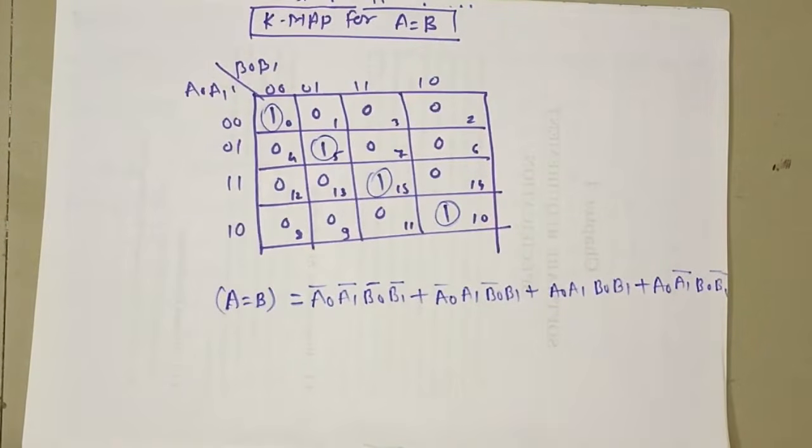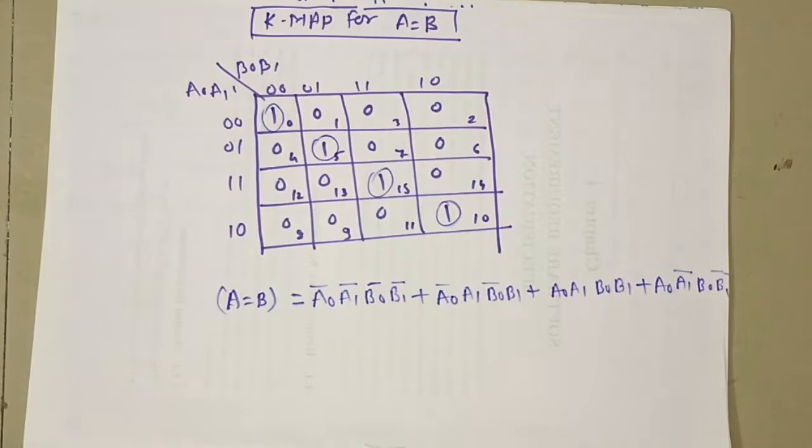Now here we are not getting any simplified equation, yes or no? Because here the grouping is not formed, so we are not getting any simplified equation. If you want to simplify the equation, you can simplify it using the algebraic simplification method that we have already studied.